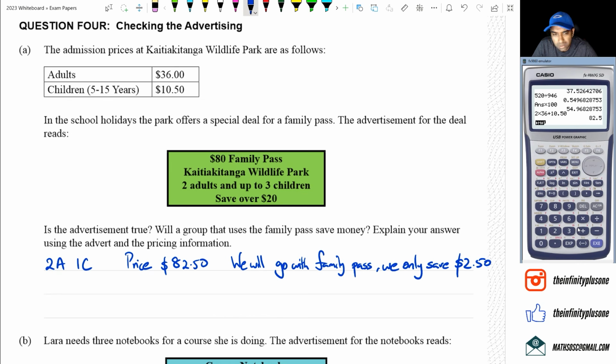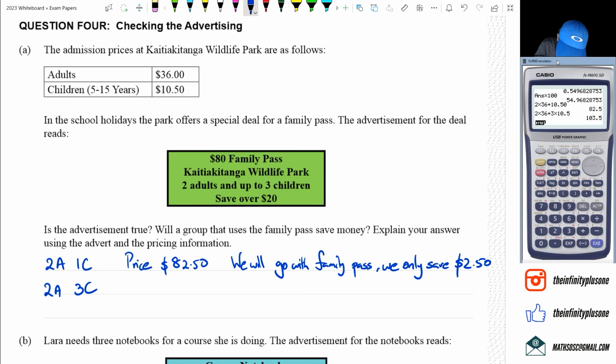The next situation I'll look at is what happens if I have 2 adults and 3 kids. If that's the case, then we do 2 times 36 plus 3 times 10.50.